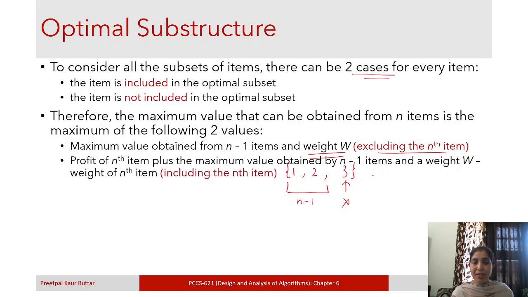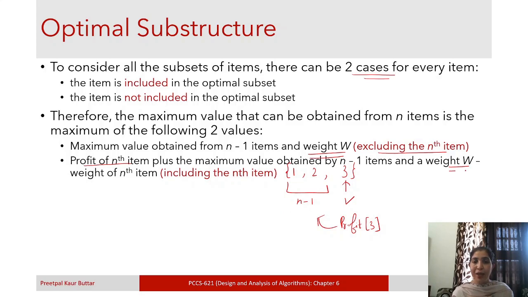And if you decide the other way, that is, if you decide to include the nth item, okay, then what will be the maximum profit? The maximum profit will be the profit of the nth item, right? Because we are including it, so it means we are getting its profit, plus the maximum value which can be obtained from the remaining n minus 1 items, right?